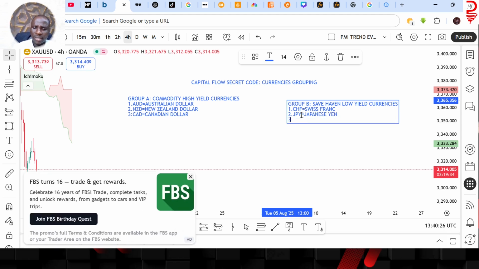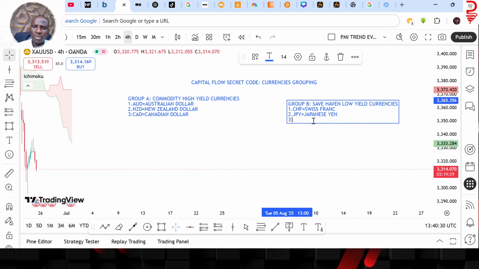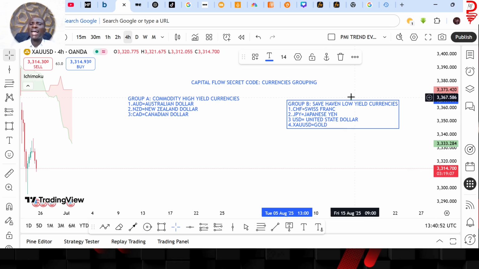The third one, in terms of currencies, is the US dollar, USD, United States dollar. And of course, you don't want to leave out gold, although it's a commodity, XAU/USD, you don't want to leave it out, gold. So these are safe haven currencies.